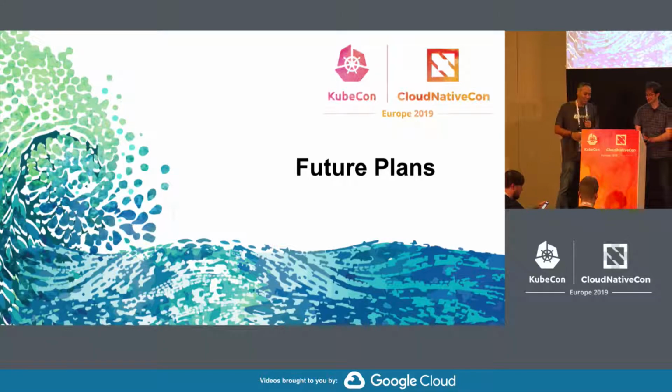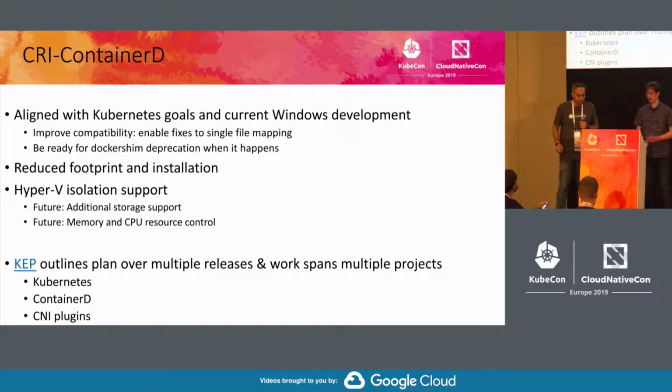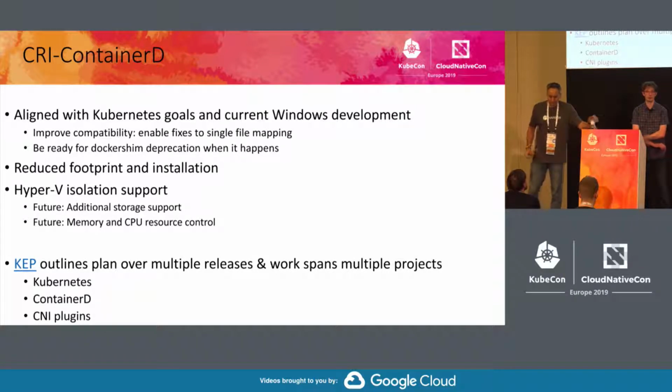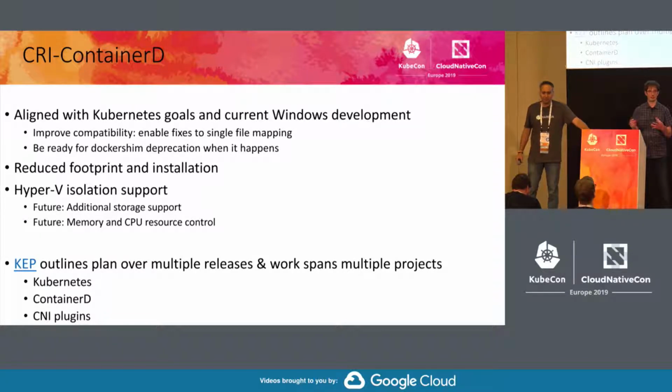All right, so let's talk a little about the future. One of the things that I'm working on right now is getting support for CRI Containerd on Windows. For those of you that don't know, the container runtime interface, CRI, was basically designed to make it easy for the runtimes to be pluggable underneath.